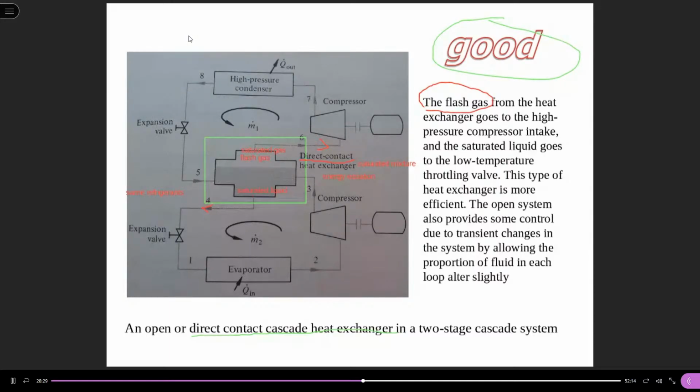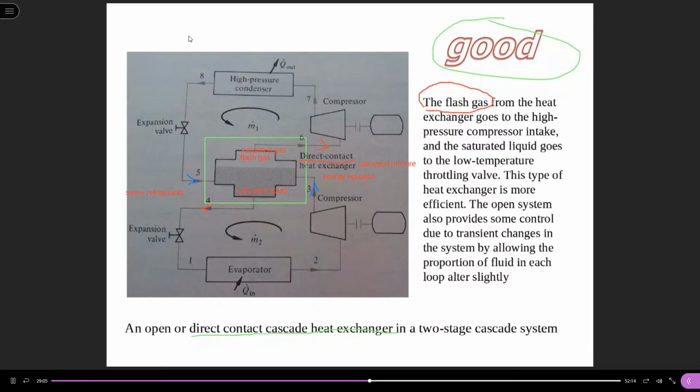So for the vapor from the low pressure compressor and the saturated mixture of state 5, they will mix. There is a mixing process. And for this mixing process, it will experience heat exchange.